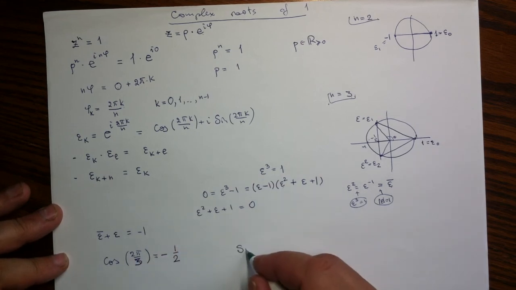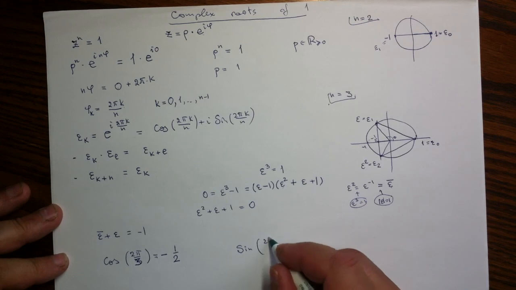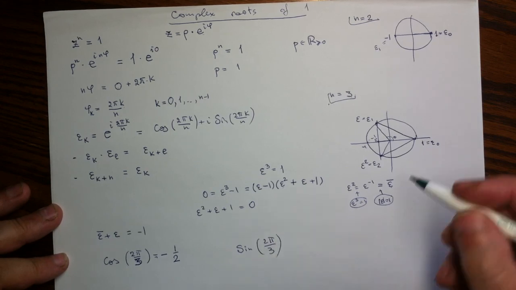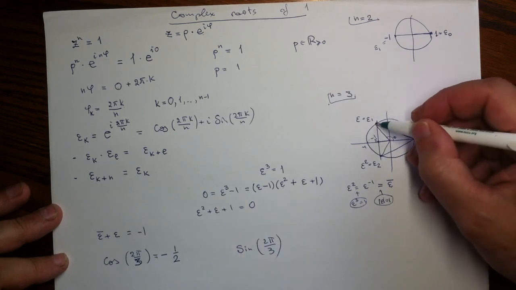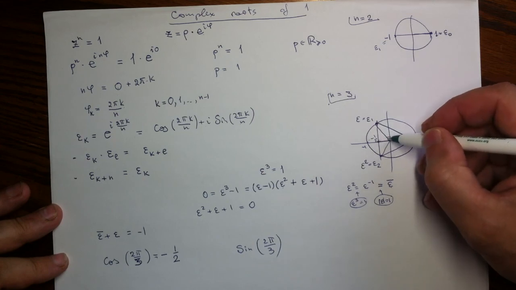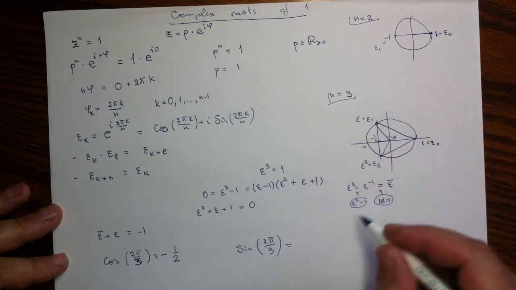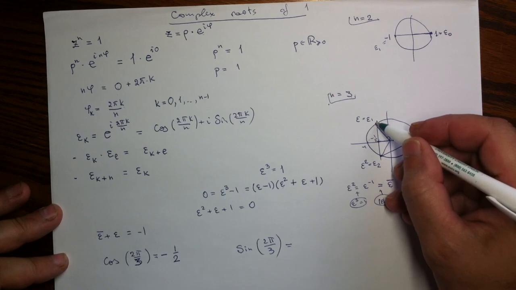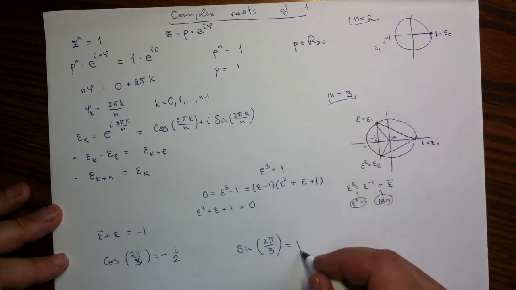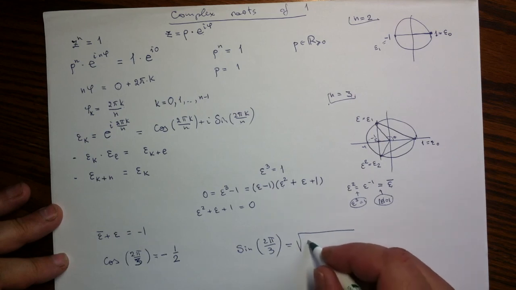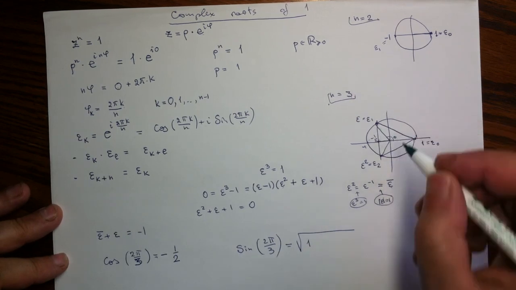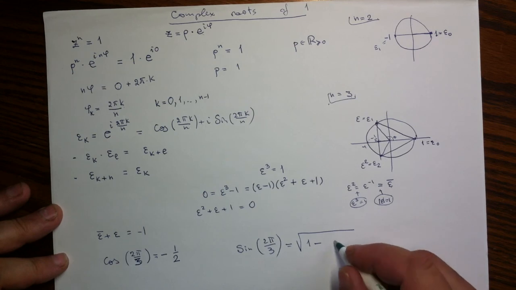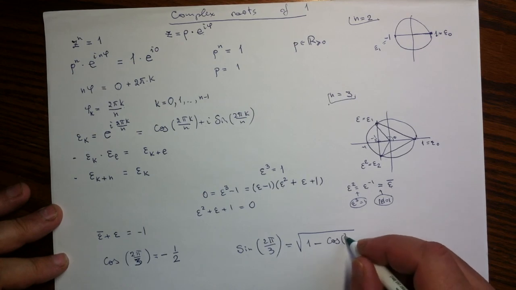And to find the sine, it's easy now. It's just using the Pythagoras theorem and this right angle triangle. So we know that, say for this angle 2 pi over 3, the sine has to be positive, so we have to take the positive square root of 1, which is the length of the hypotenuse, minus cosine of 2 pi over 3 squared.